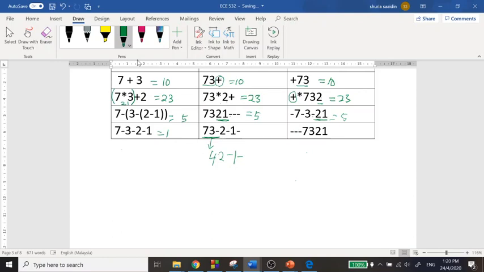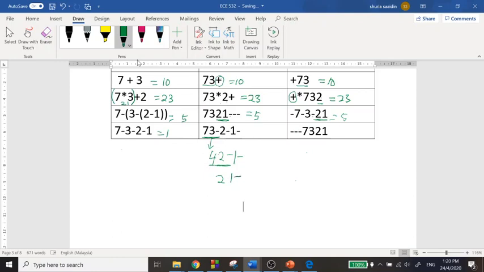We have 2. 2 is an operand, so we move to the next one. The next one is the minus sign, which is an operator. So when we see an operator, we have to move back to the previous two operands. So 4 to minus, so we get 2.